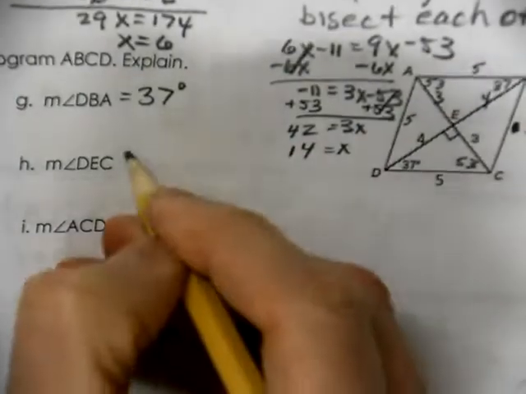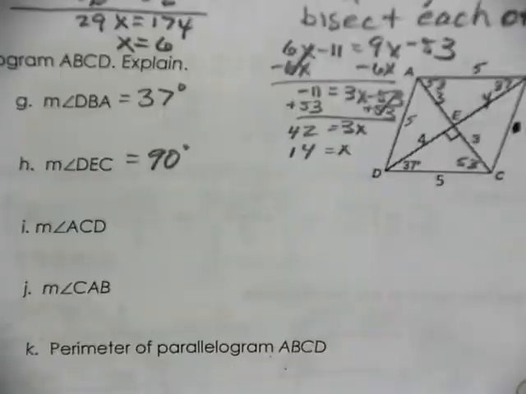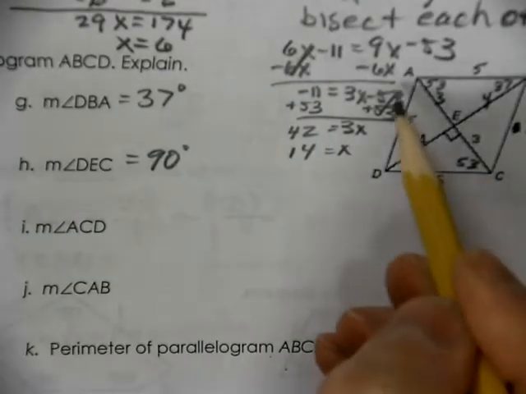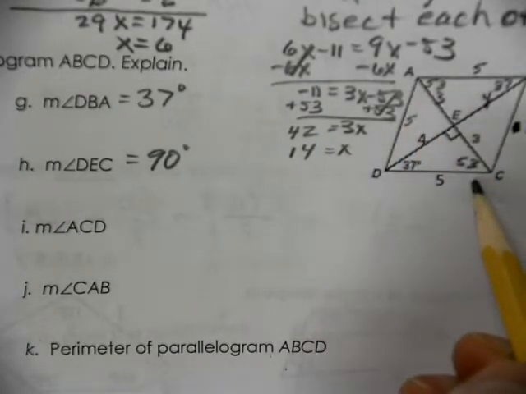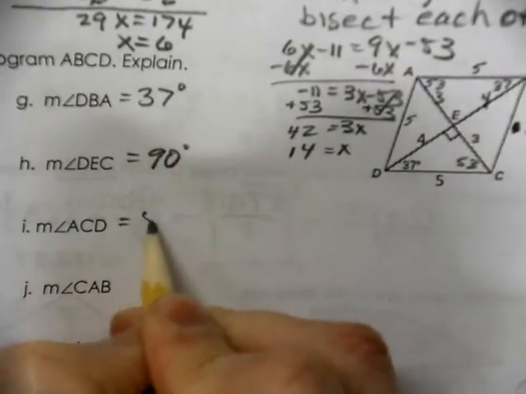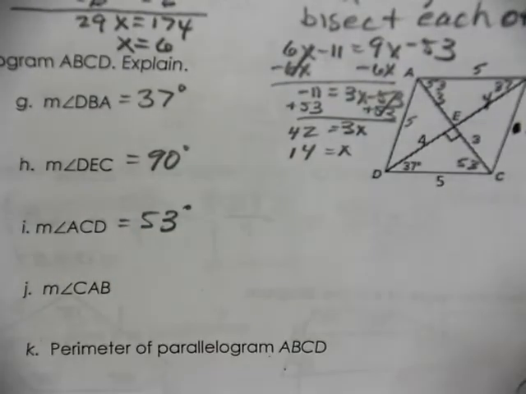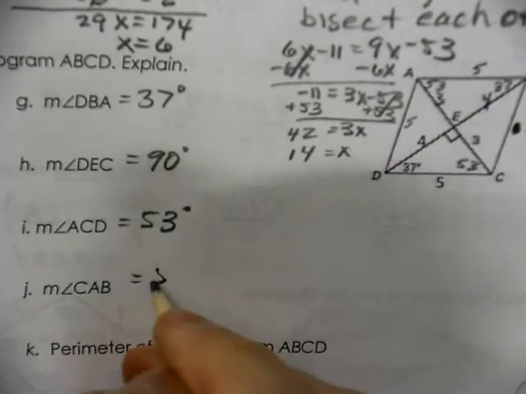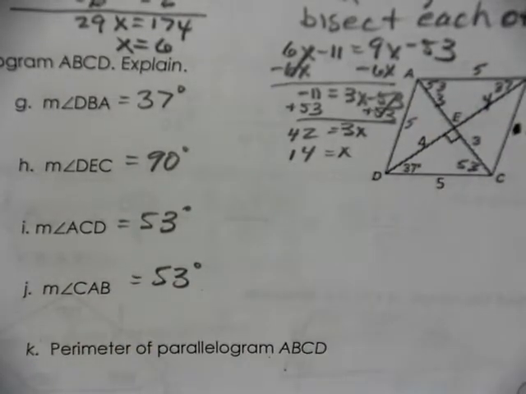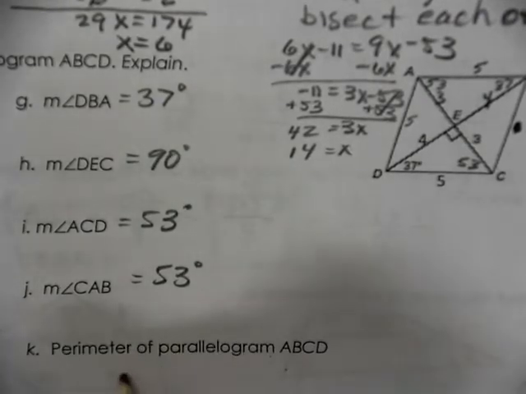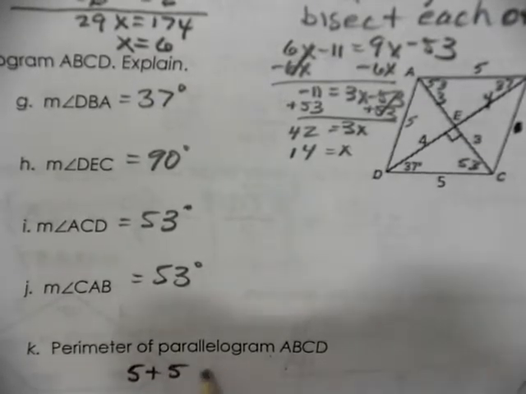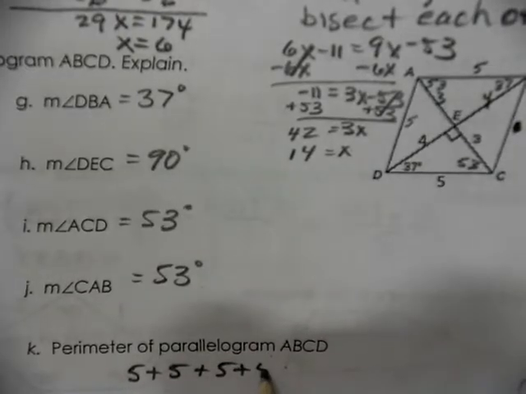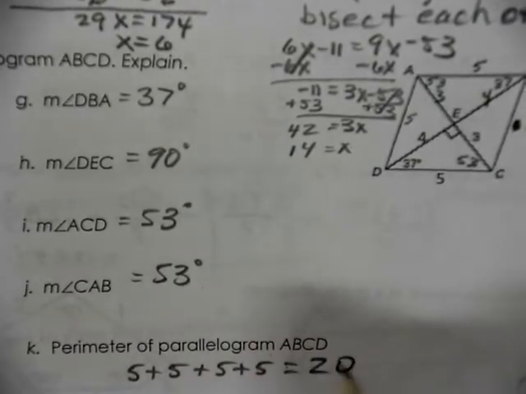DEC, that has that angle on it, so 90 degrees. The box. ACD, 53. CAB is also there. And what's the perimeter? 5 plus 5 plus 5. In this case, all the sides are exactly the same.